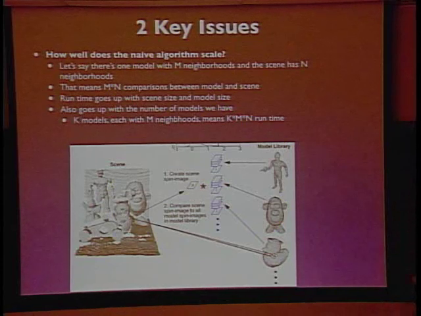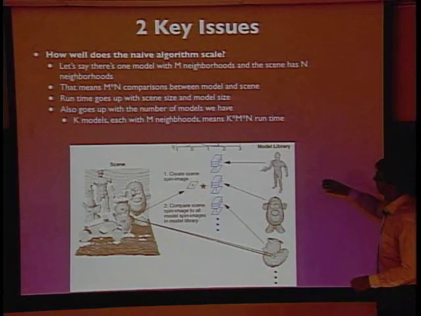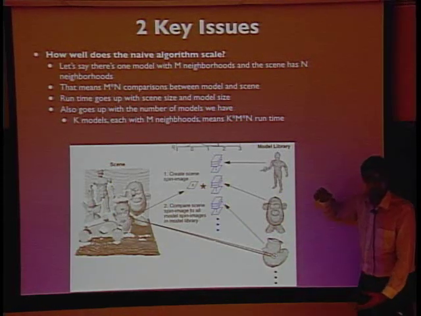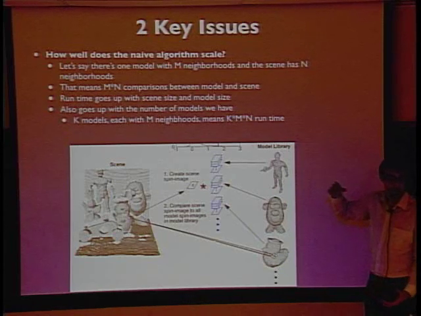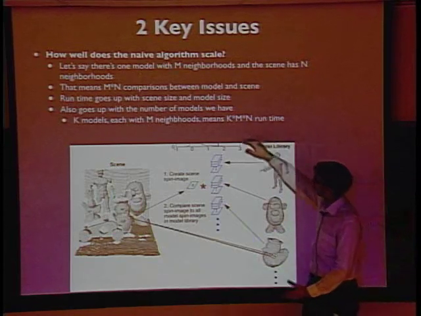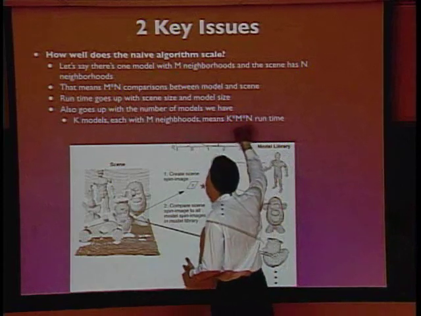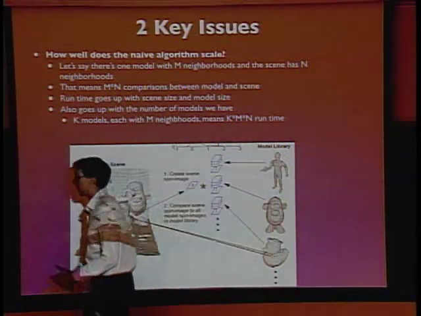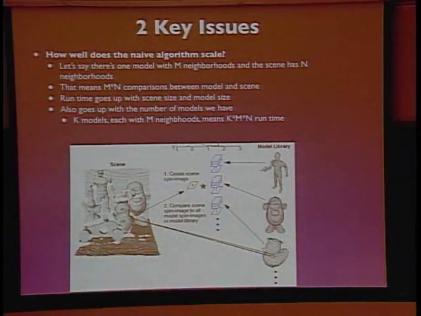And by the way, going back to the idea that we should be able to grow our library to have larger and larger numbers of models in it, well, basically, if there are k models, then you multiply that number of comparisons by k. So it's starting to smell like an n cubed kind of computational complexity, which is not so great. It grows polynomially.